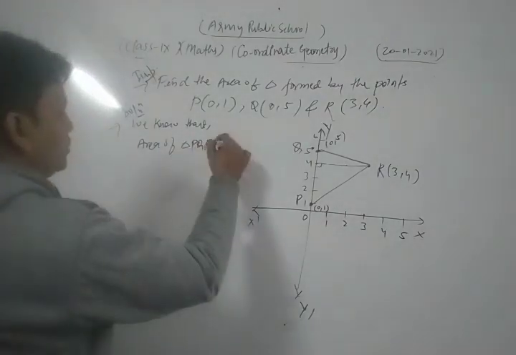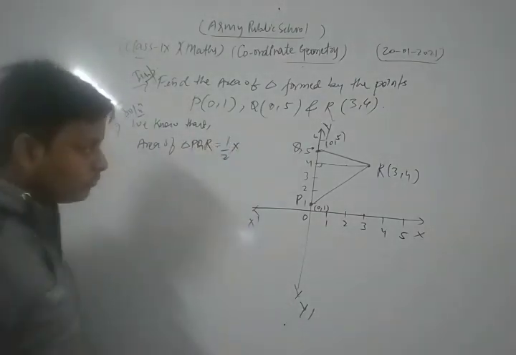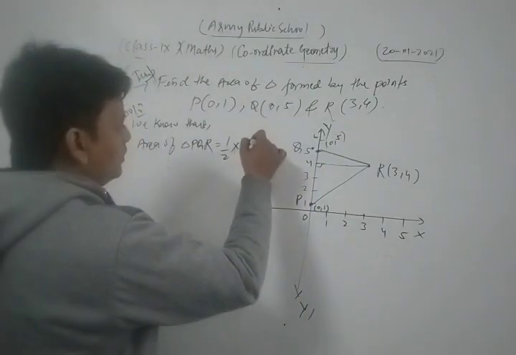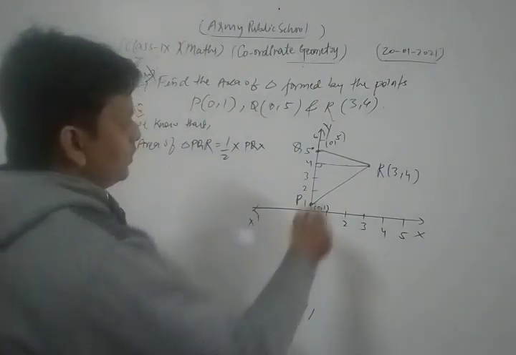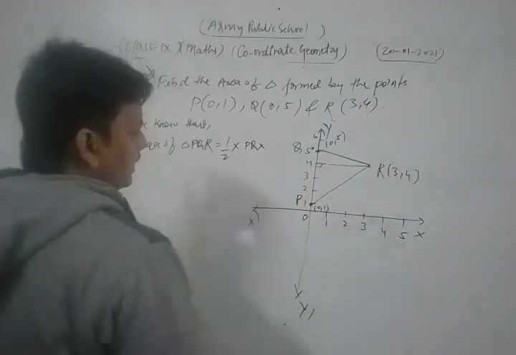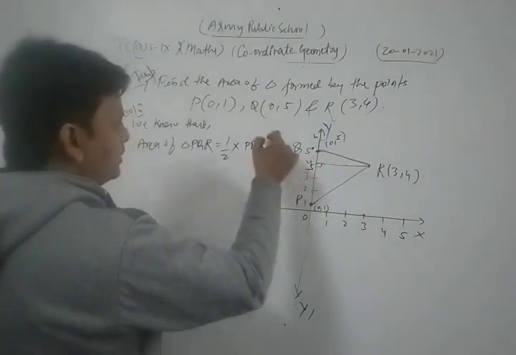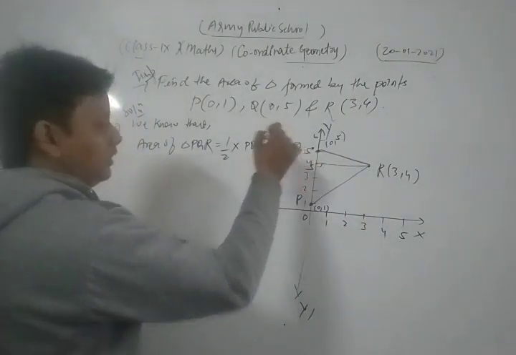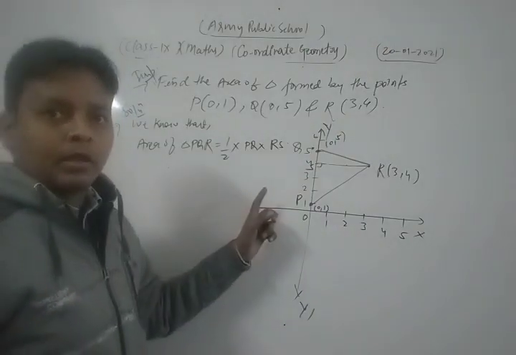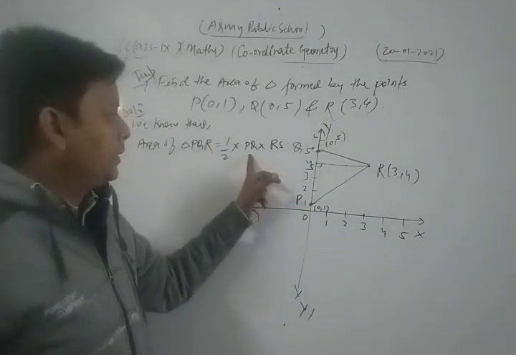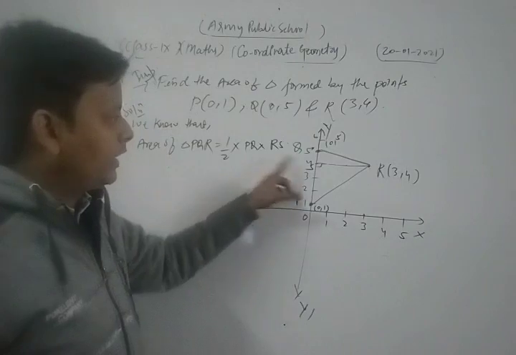Area of triangle PQR is equal to 1/2 times base, base is PQ, into height. Suppose the height is RS, the perpendicular. So 1/2 into PQ into RS.